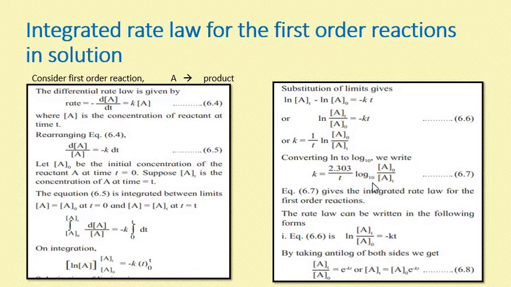Right? Now, the rate law can be written in this form also, and after taking anti-log, I would be getting At equals A0 multiplied by e raised to power minus Kt.